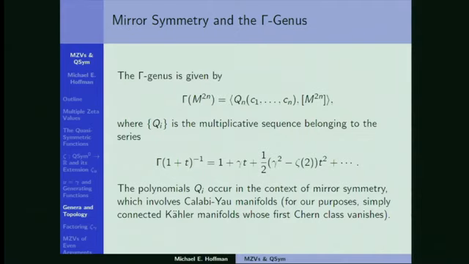So this paper by Libgober was about mirror symmetry, and this involves Calabi-Yau manifolds, which we can think of as simply connected Kähler manifolds with vanishing first Chern class.